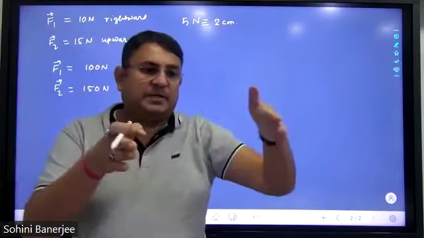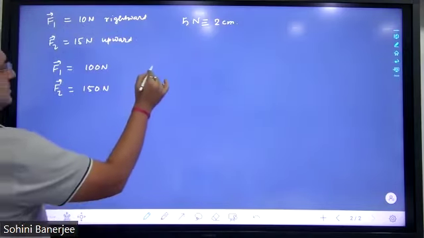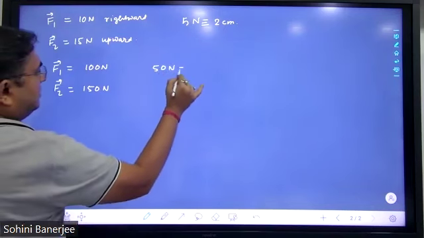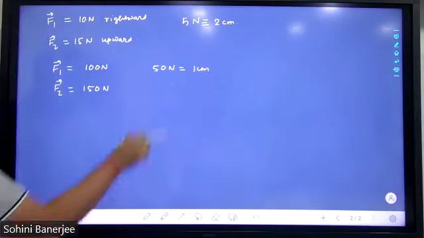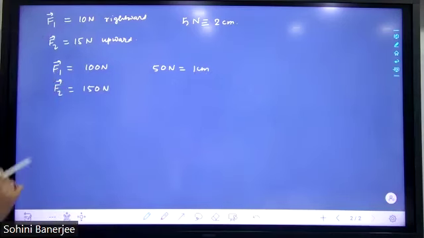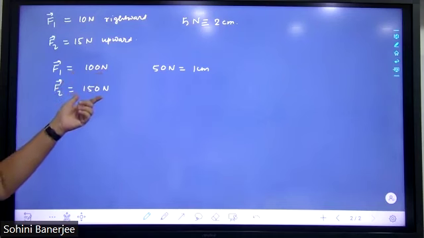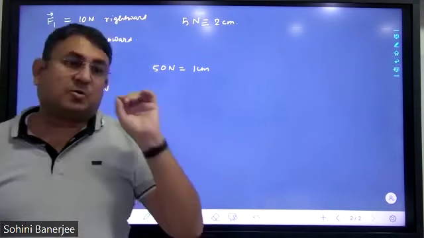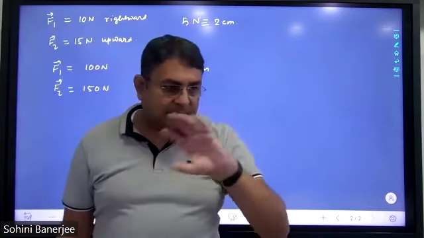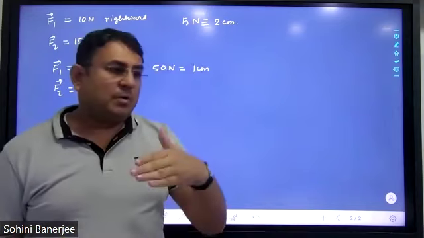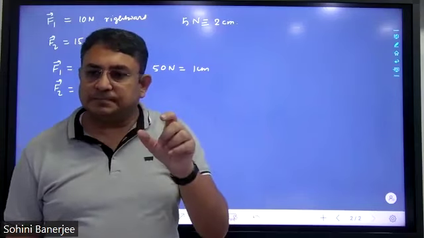You cannot accommodate it in your copy also. So what we do, we prefer that say 50 Newton is represented by 2 centimeter or 1 centimeter. I choose a scale like this. So this will be a 2 centimeter long straight line and this will be a 3 centimeter long straight line. Clear? So the convenience is one thing to be taken care of. Whenever some quantities are given as vectors and you want to represent that in the geometry, choose the scale conveniently.